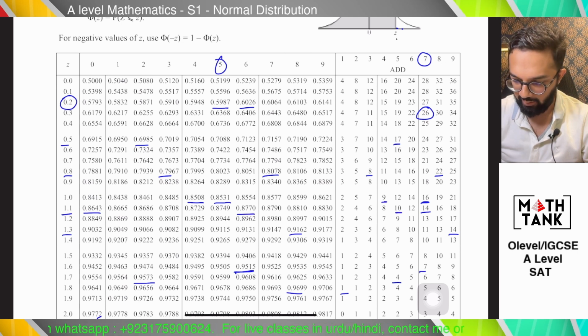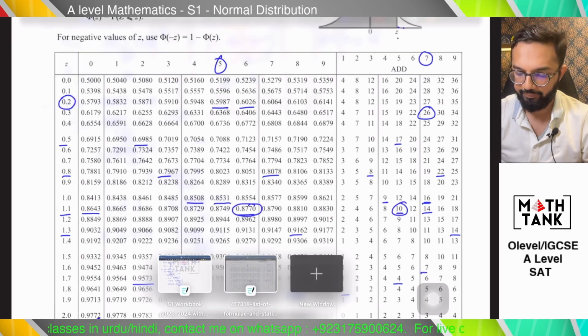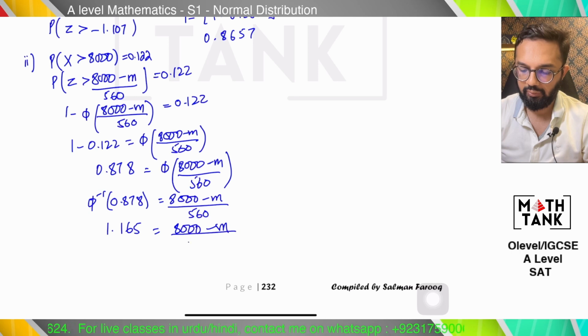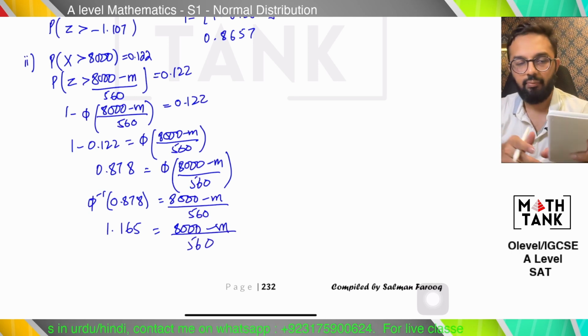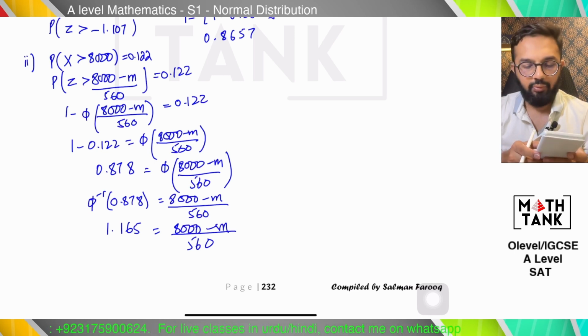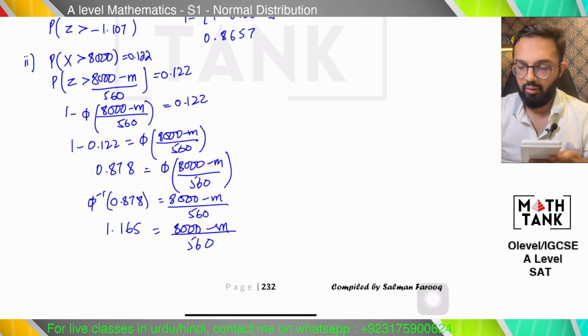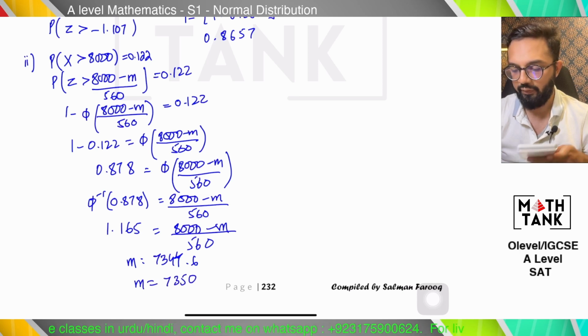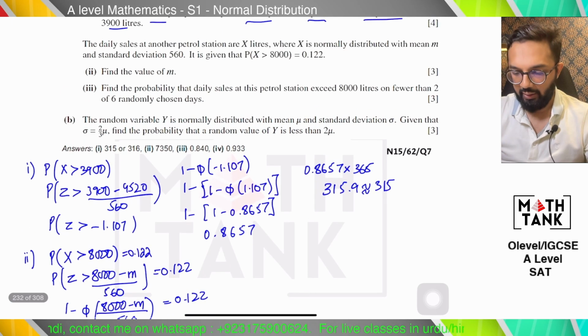So that's 1.165. So I'm getting m as 7347.6. To three significant figures, that would be 7350. Okay, yep, that is the correct answer.